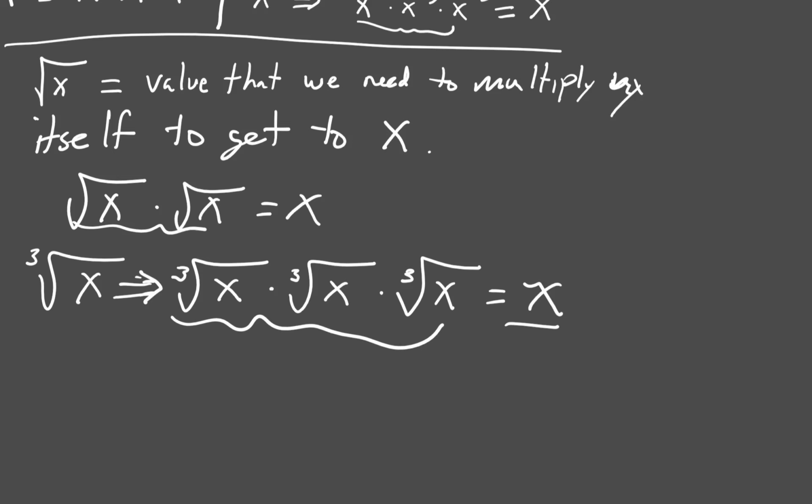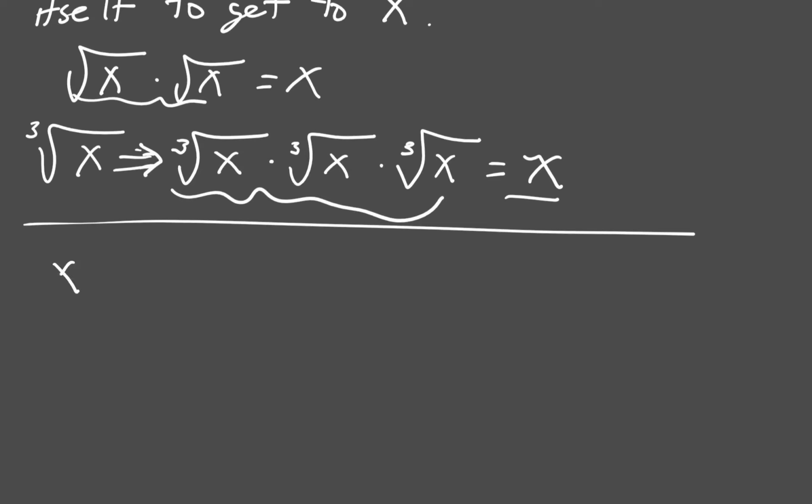So the idea that exponents of fractional nature and radicals are the same thing is very, very easily seen here, right? So x to the 1/2 is half of a factor of x. Well, that's the same thing as the square root of x, because I need 2 of these to multiply to be a full value of x.